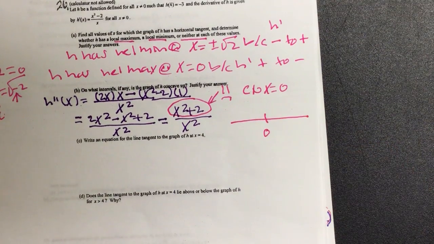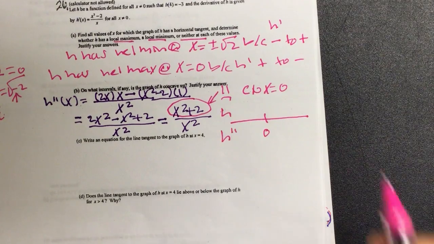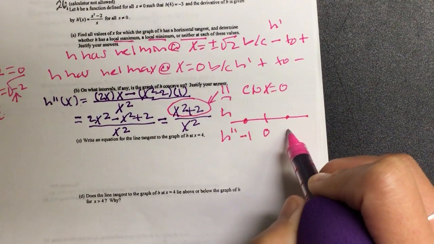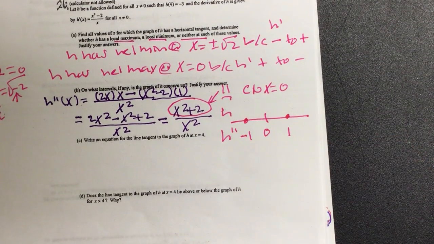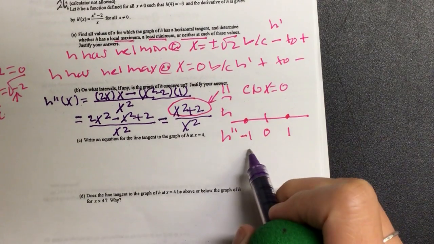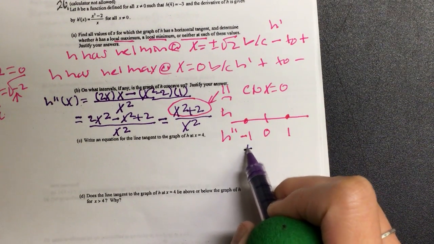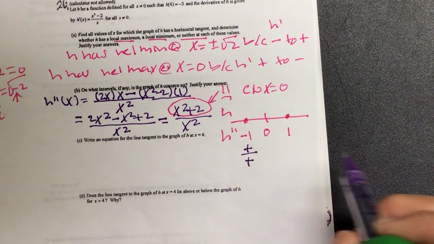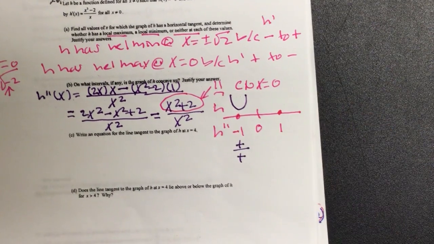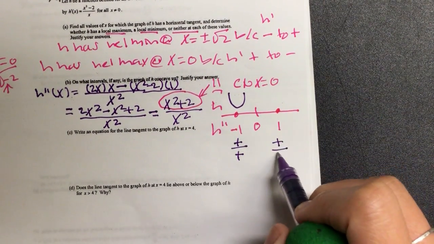Here's our 0, and we're comparing h double prime to h. A good number to pick will be maybe negative 1 and 1. So let's plug it in. If I plug in negative 1 on top, I get what kind of number? Positive. The bottom one squared is always positive, correct? So we know this one is concave up. The next one, when I plug in the 1, I get a positive over a positive.